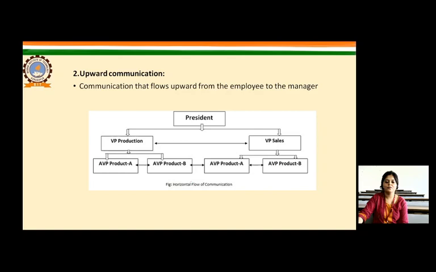From the assistant vice president, the information is passed to the vice president, and from the vice president we have again the president. So when the information flows from the lower level to the higher level, then that is upward communication.